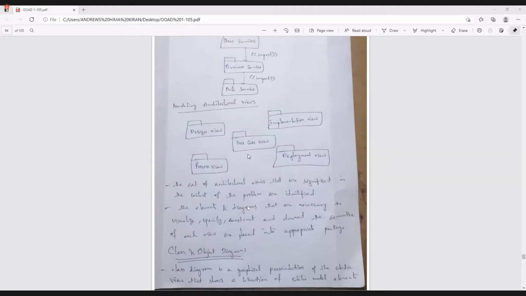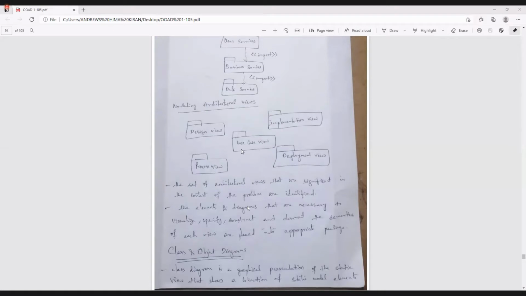After completion of the design view, the actual process starts, which is considered the process view. Next, after process view, the next one is implementation view, that is testing and so on. Next, deployment view. Deployment view is nothing but installing the product to the system.